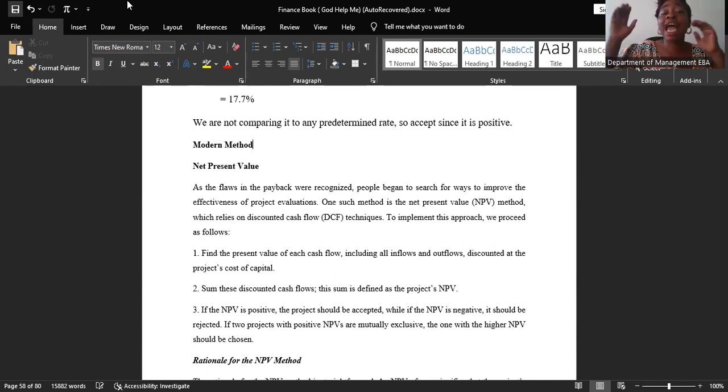Now, when they say NPV, every good finance student, what is NPV? NPV is the difference between discounted cash inflow and cash outflow. So that is NPV for you.